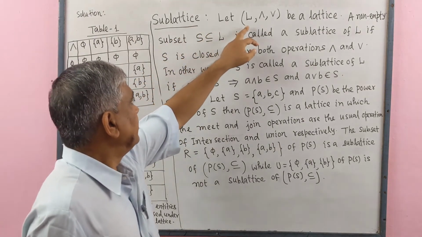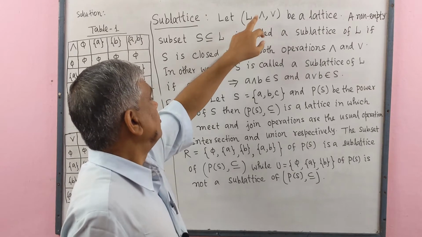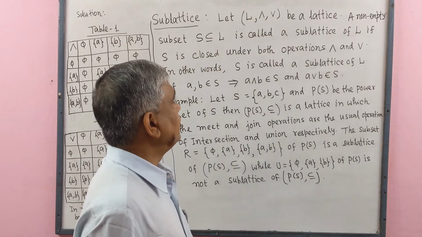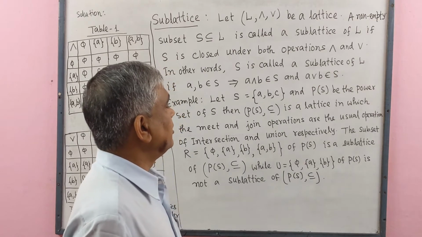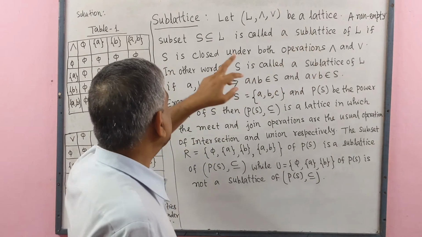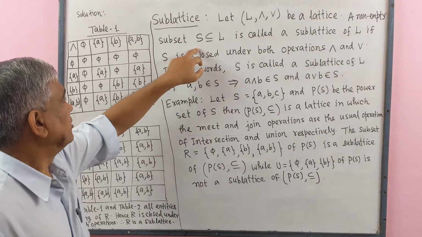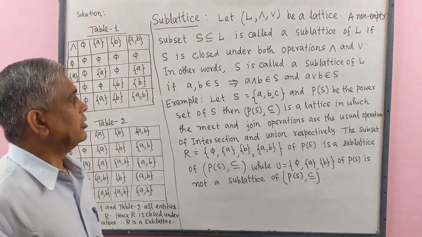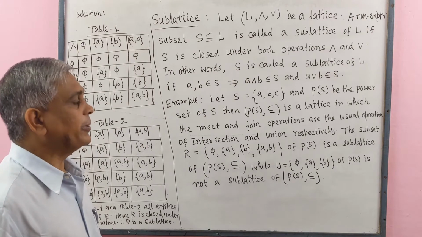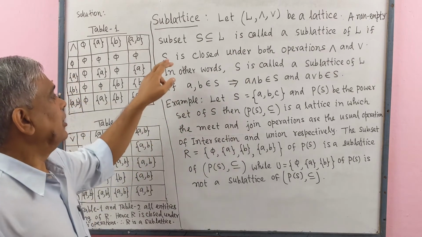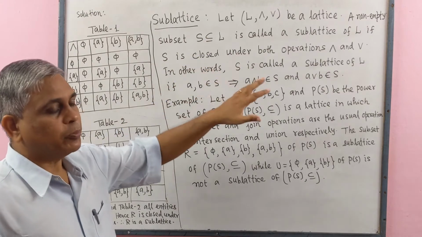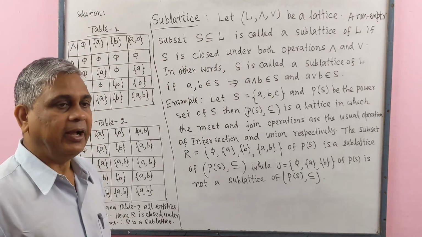Let L, with operations meet and join, be a lattice. A non-empty subset S of L is called a sublattice of L if S is closed under both operations, meet and join.